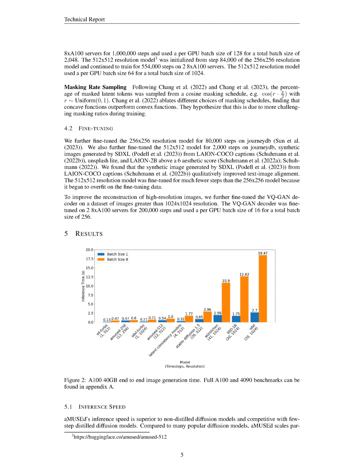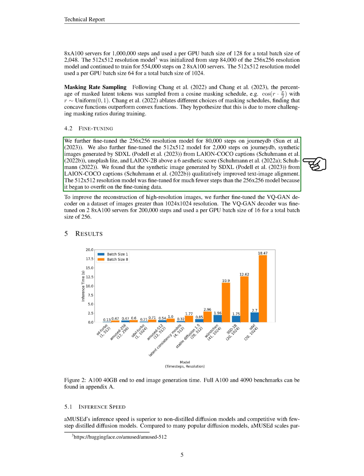Additionally, it discusses the masking schedule and micro-conditioning techniques employed during training, as well as the data preparation process. Finally, it mentions the use of cosine masking schedules and the sampling of masked latent tokens based on a uniform distribution.